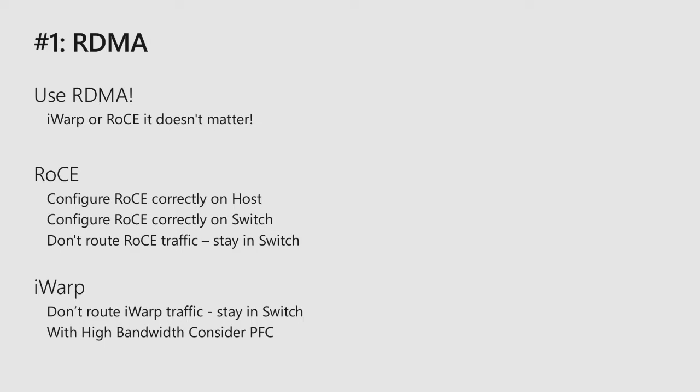There are PFC classes for that, priority flow control. And you also have to tell your switch, this PFC class, for example 5, don't lose those packets. They have to handle those packets lossless. They can throw away every other packet, but not the RoCE packet. And there are also pause frames involved.